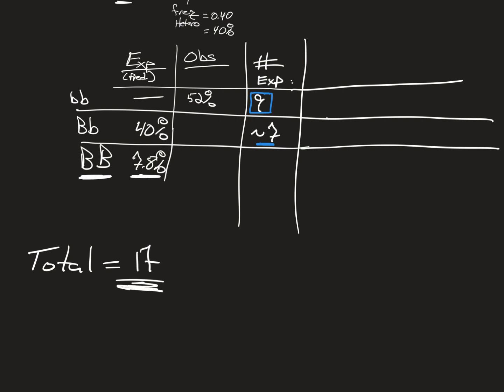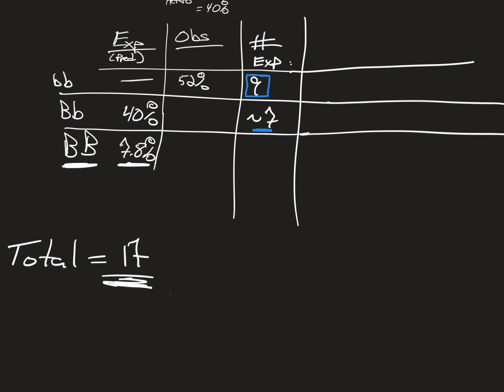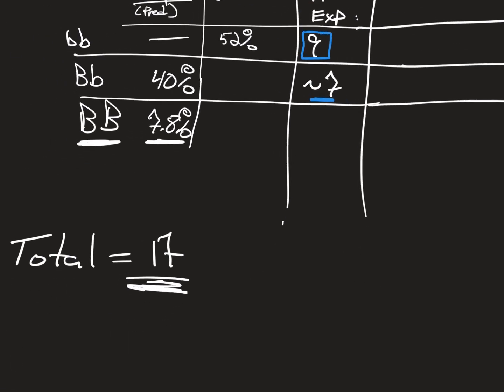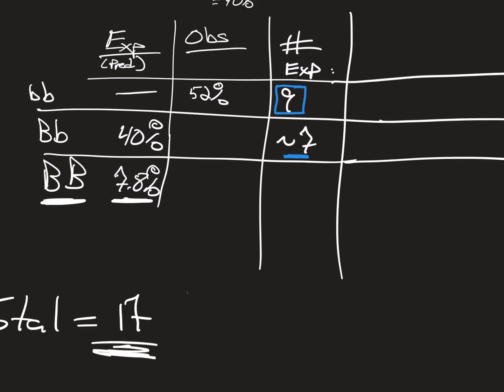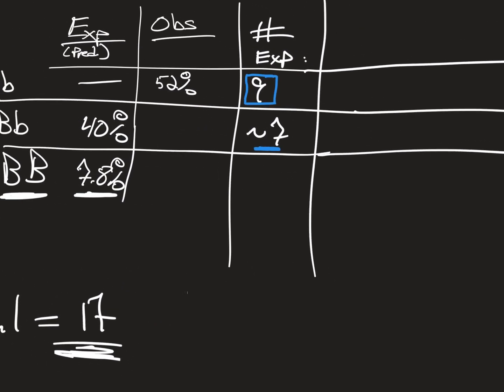How do you find the number? If I expect about 7.8% of the total to be big B, big B, how do I get the actual number of big B, big Bs in this population? I would say the expected number is equal to 0.78 times what? 17.